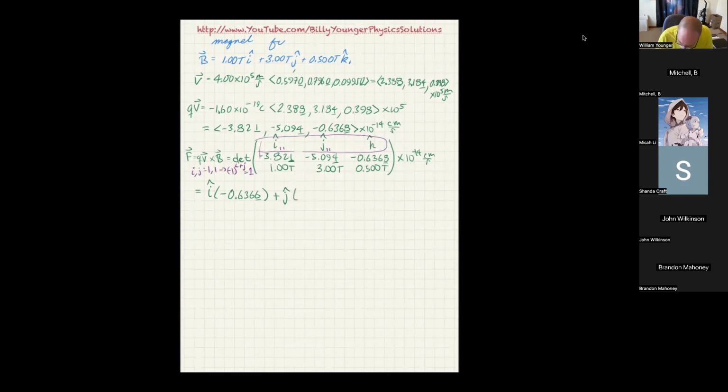I take negative 0.6368 times 1, and then subtract negative 3.821 times 0.5, and that gives me a positive 1.274.